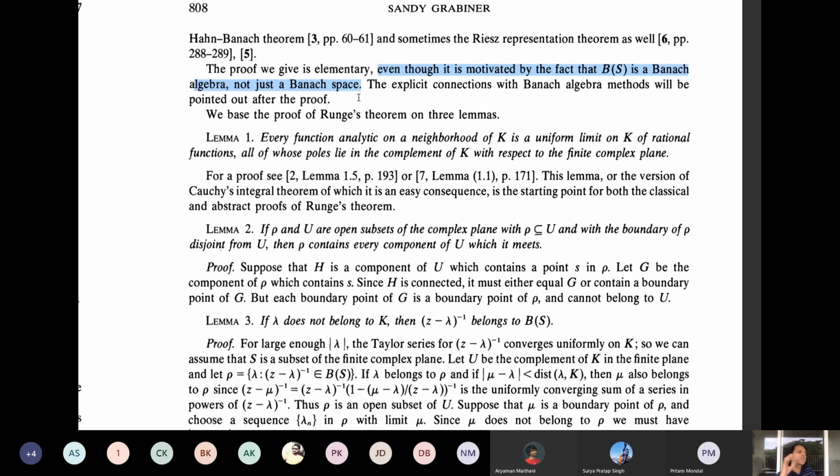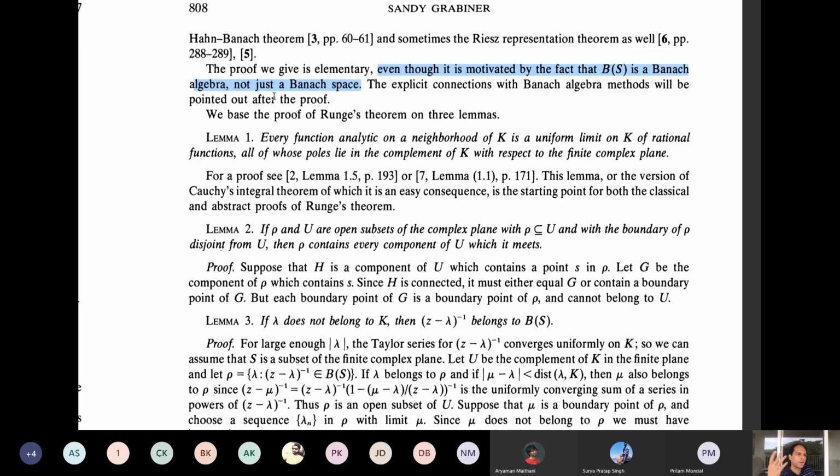So see, whenever you simplify an abstract proof, there's an abstract idea that is required. The proof that he is writing down is more elementary, but it requires an abstract idea, which is that M is a subspace of a Banach space, a subspace of a normed linear space. Therefore, that's also a normed linear space. M bar, not M, but M bar, is by definition closed.